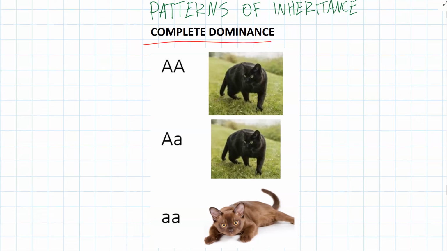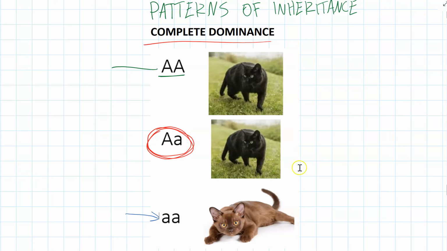For complete dominance, it's all about the heterozygous person here. So for complete dominance, if you're homozygous for one of the alleles, you're definitely going to have that trait. So this cat here is homozygous for big A, and they have black fur. This cat down here, they're homozygous for small a, and so they're going to have brown fur.